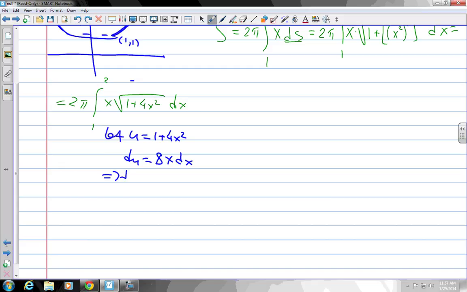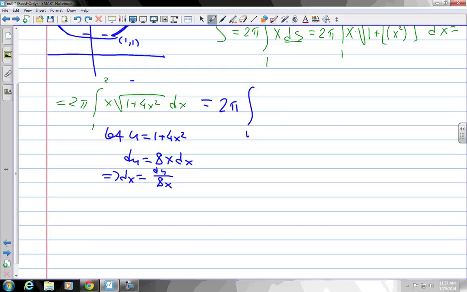So therefore dx is what? du over 8x. So then this becomes 2 pi, and the integral, let's just put it all in terms of u.